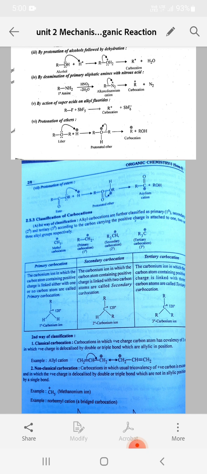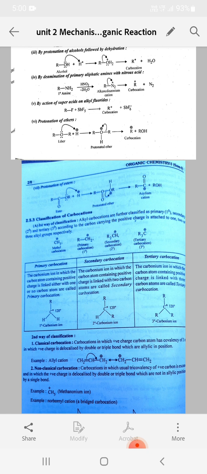Talking about the primary carbocation, the carbonium ion in which the carbon atom containing positive charge is linked with either one or no carbon atom is called a primary carbocation.